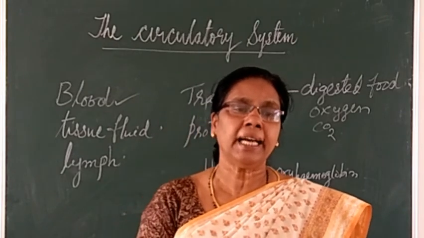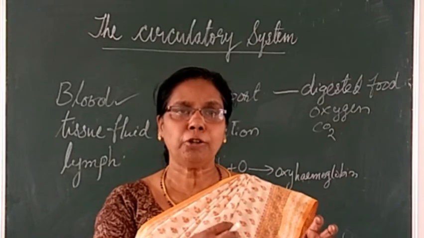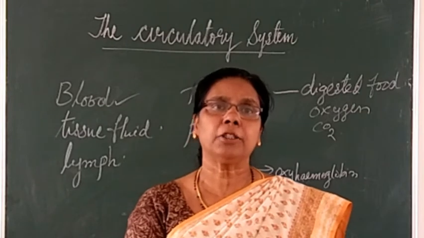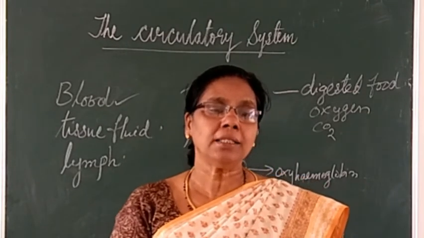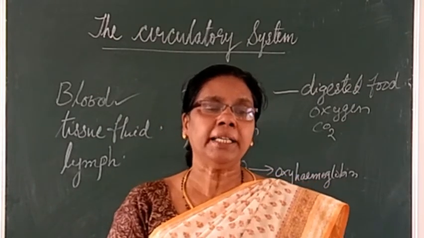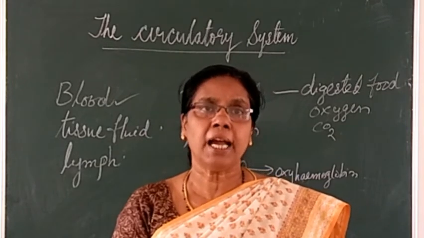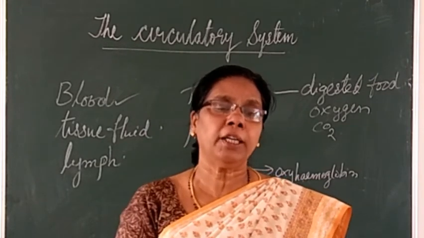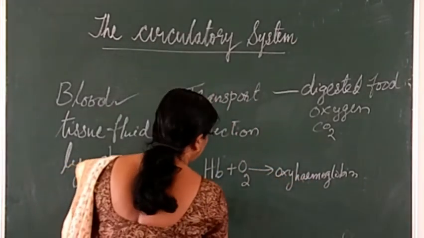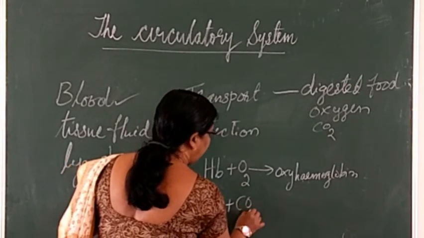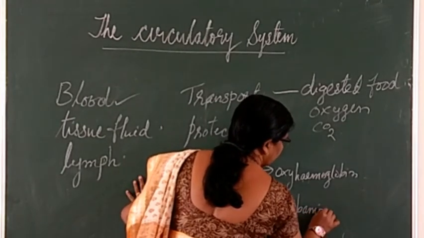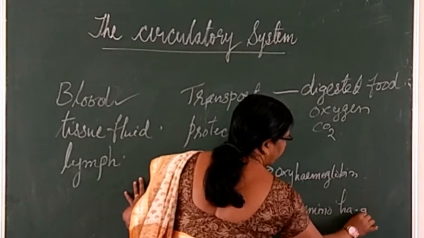From the other tissues, the blood collects this carbon dioxide back to the lungs. At that time hemoglobin partially combines with the carbon dioxide, forming a compound called carbaminohemoglobin: Hb plus carbon dioxide gives carbaminohemoglobin.